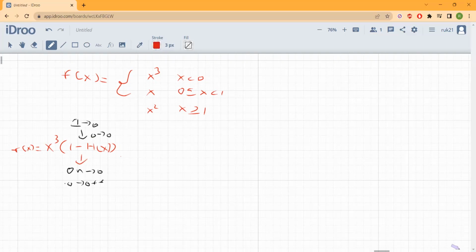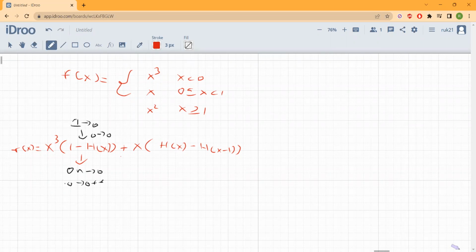Then we're going to add to it our second function, which is x. And here we're going to use our on-off switch: x times h of x minus h of x minus 1. The reason this works is that this is our h of x minus a minus h of x minus b, and the a here is just 0.